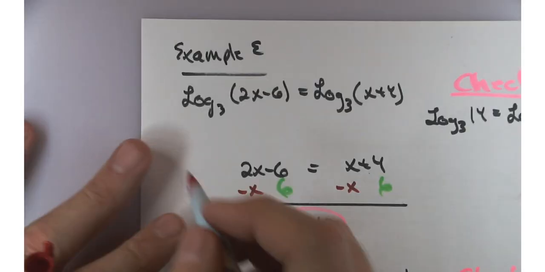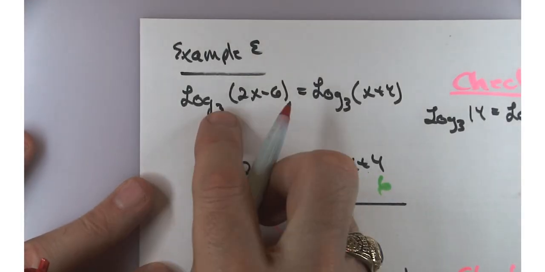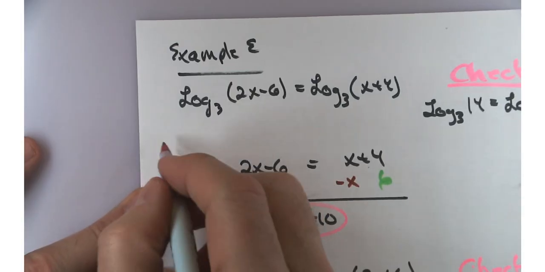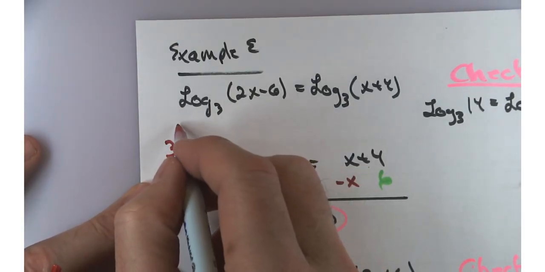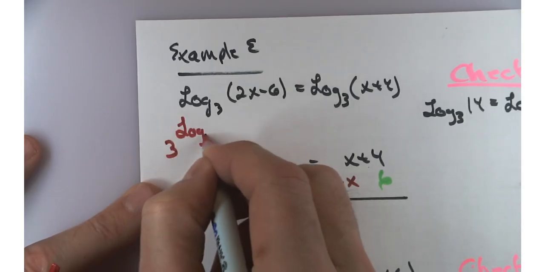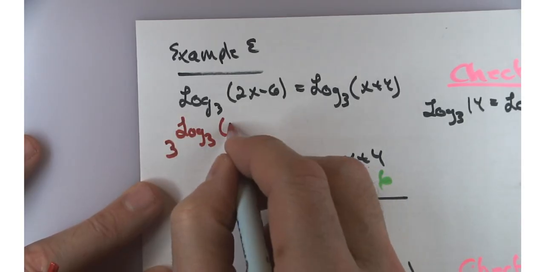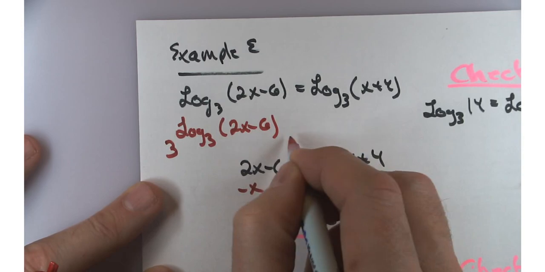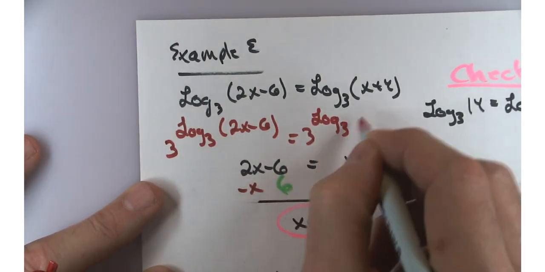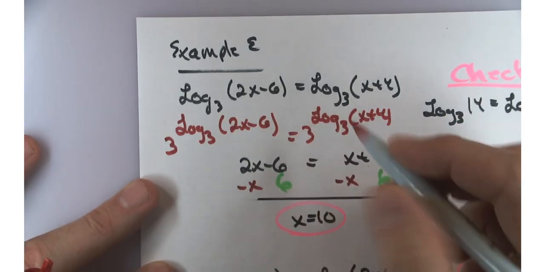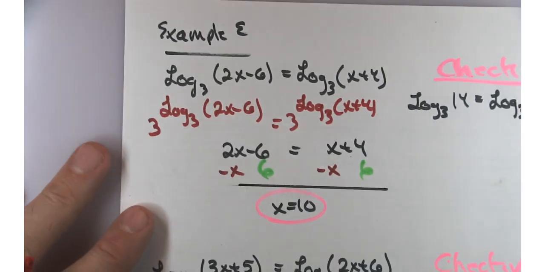So right here, noting that this is a base of 3, let's raise both sides to the power of 3: 3 to the log base 3 of 2x minus 6, and 3 to the log base 3 of x plus 4. That's what's canceling out the logs.